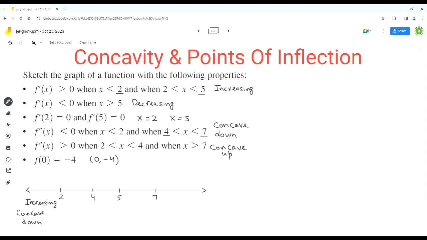Now at x equals 2, there is a critical point. Now between 2 and 4, the function is increasing as per the first property, and the function is concave up as per the second last property.